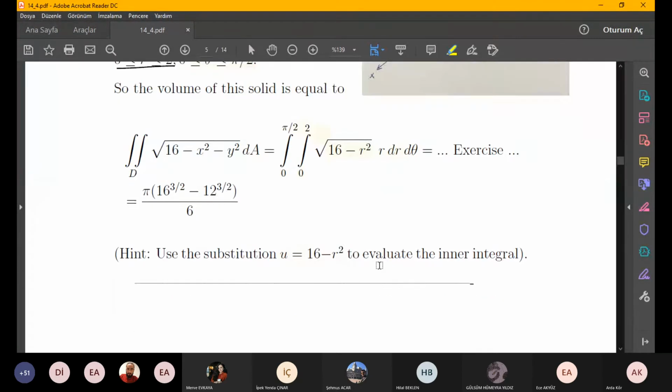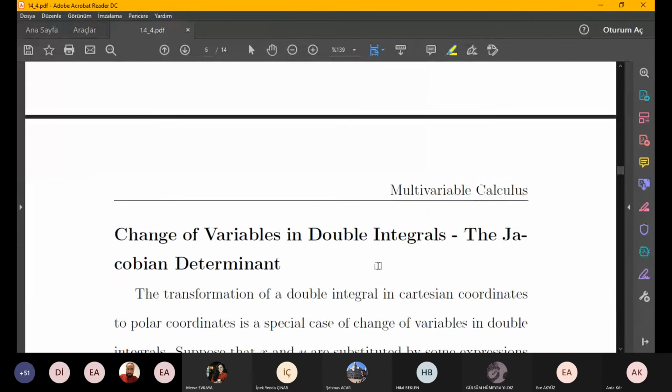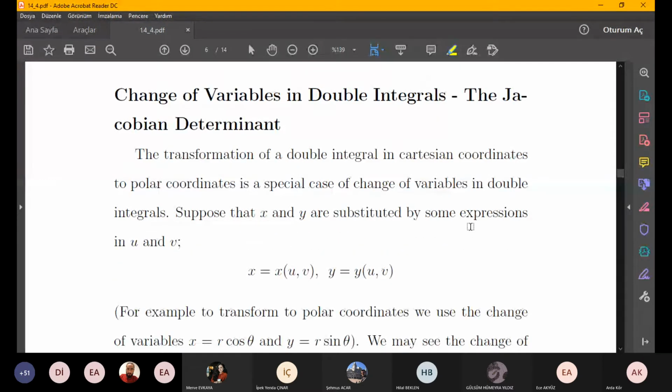Okay, we change the variable x, y into r, theta in polar coordinates, but also you may change to any variable that you can express as u and v. So the transformation of a double integral in Cartesian coordinates to polar coordinates is a special case of change of variables in double integrals. So it is in r theta.